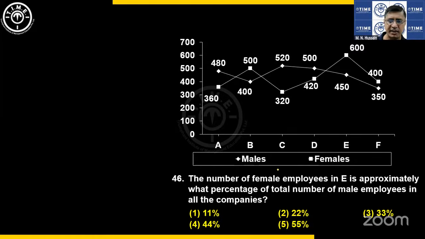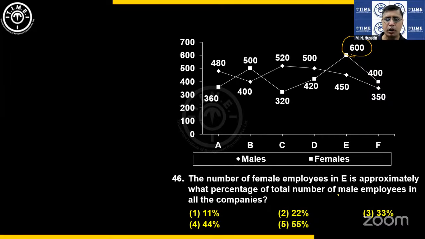Male employees are given here, female employees are given. So what do we need to find here? Female employees in E, which is 600.